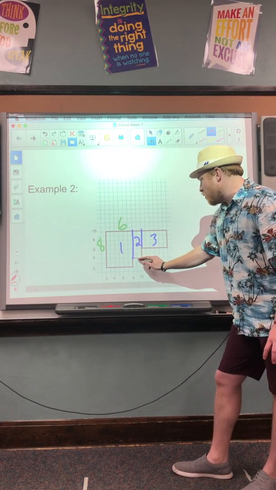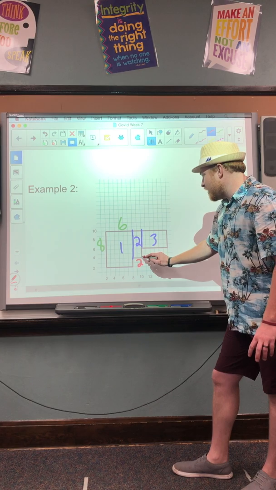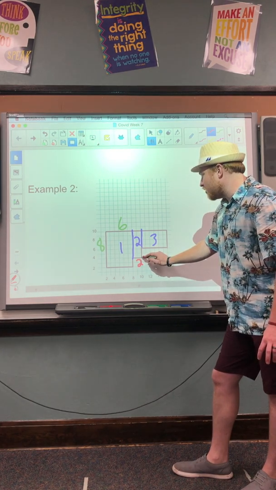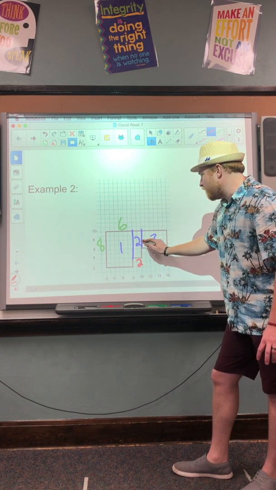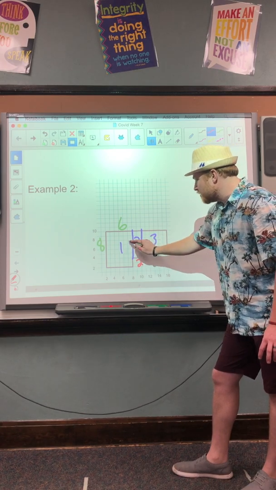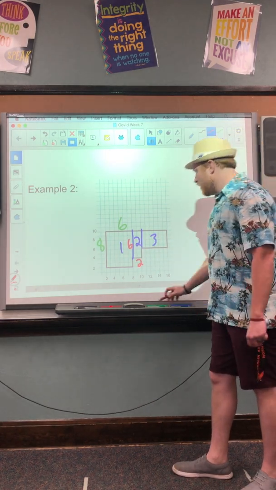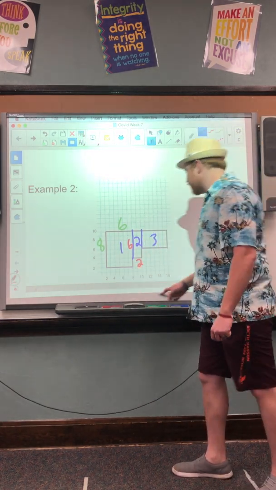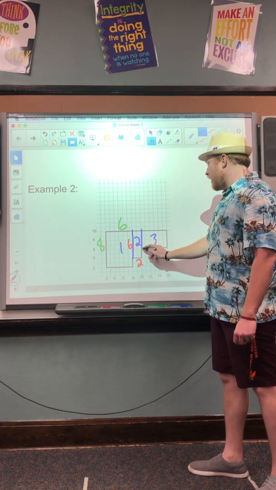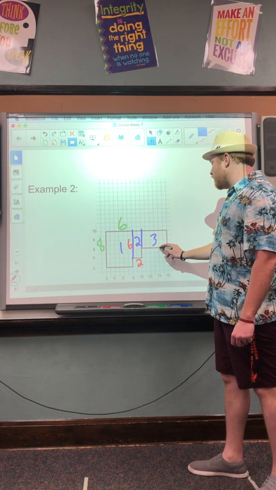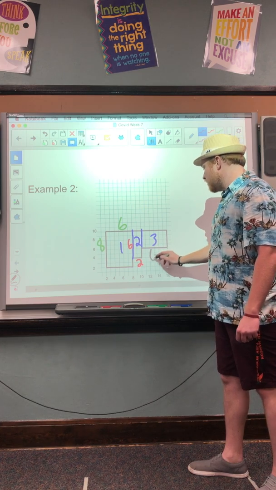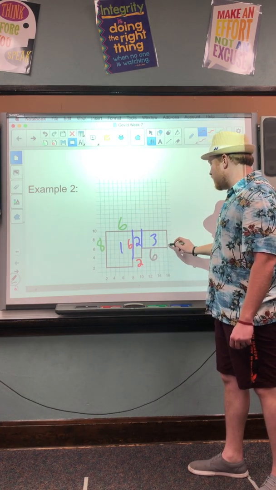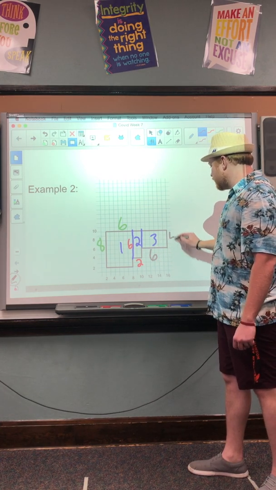Start here, we have 1, 2, and then going up, the length would be 1, 2, 3, 4, 5, 6. So it'd be 6 on the side. Now let's do number 3. So again, lengthwise, 1, 2, 3, 4, 5, 6. And then width would be 1, 2, 3, 4.